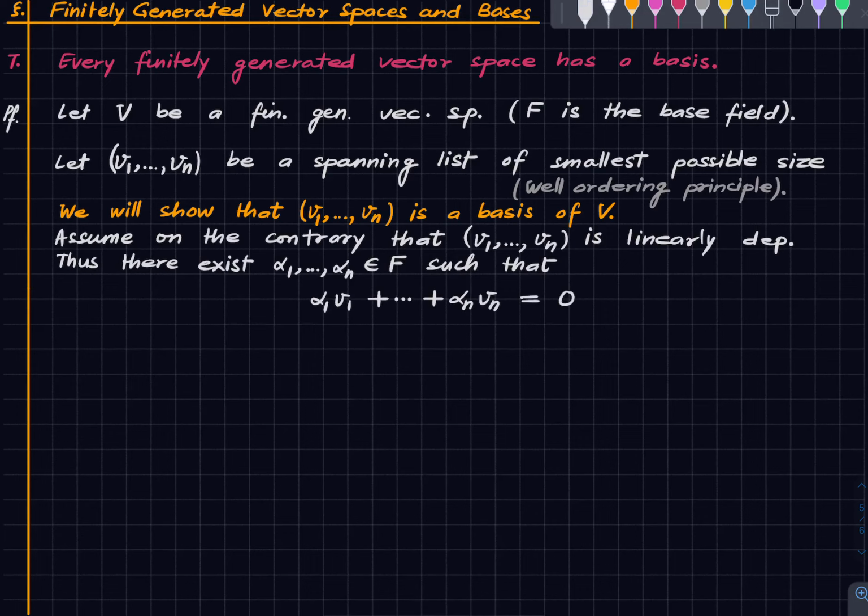Okay, let us call this equation star, and here I also need to write that not all of the alpha i's are 0. Or let me say at least one is non-zero.